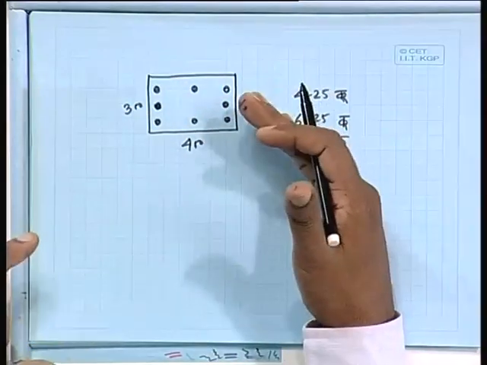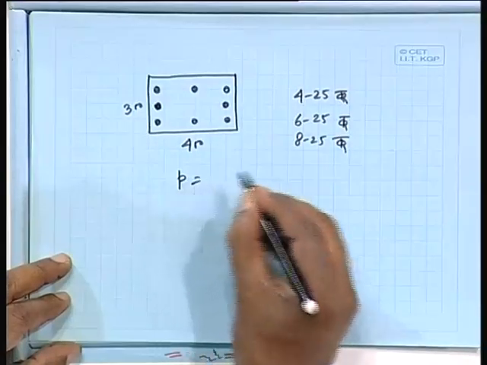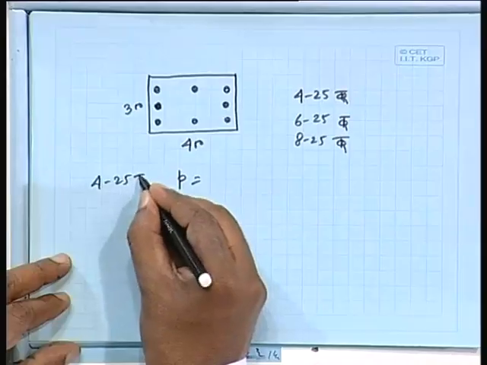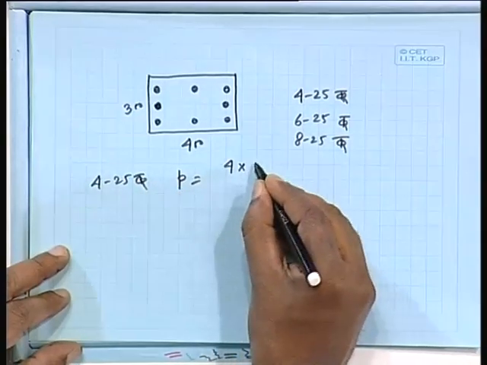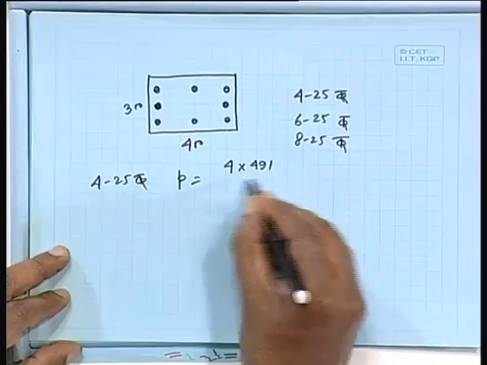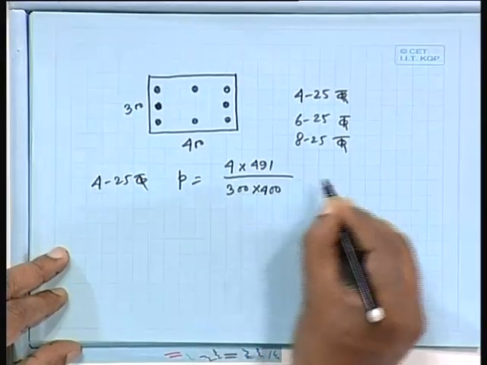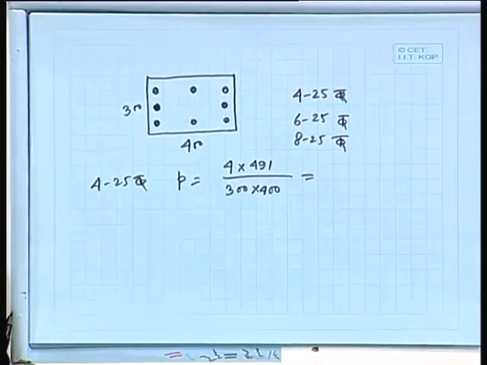Whatever area of steel is coming is fine. So in this case, P will be equal to, if I take say 4 numbers 25 torr, then 4 times 491 divided by 300 by 400. Am I getting the minimum reinforcement? Let us check it first. That one also is required.